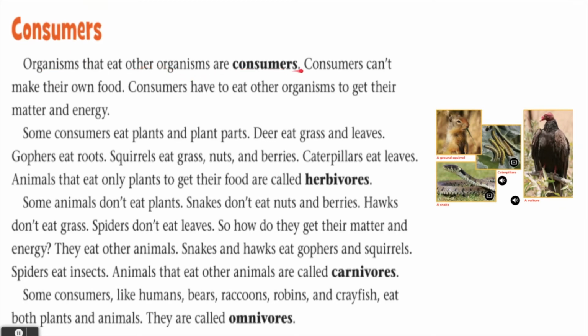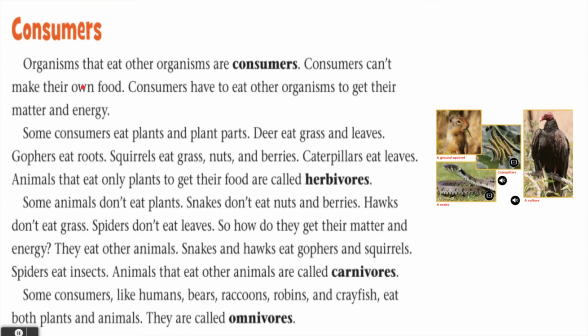Consumers can't make their own food. Consumers have to eat other organisms to get their matter and energy. See the word consumers? The root word is consume, which means to eat. So consumers eat other animals.